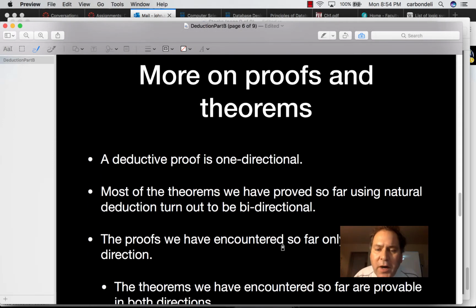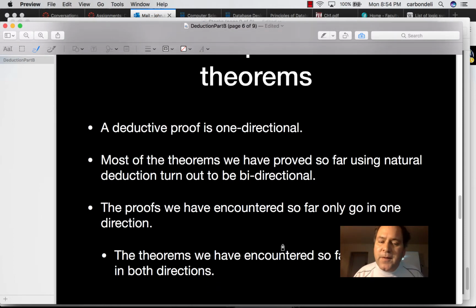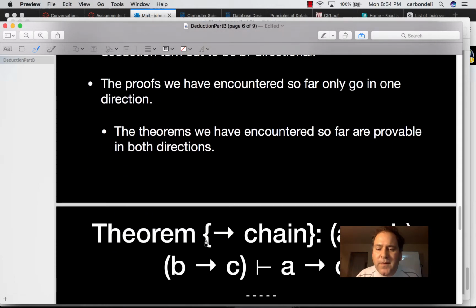Deductive proof is one-directional. Most of the theorems we have proved so far using natural deduction turn out to be bidirectional. And the proofs we have encountered so far only go in one direction. The theorems we have encountered so far are provable in both directions.